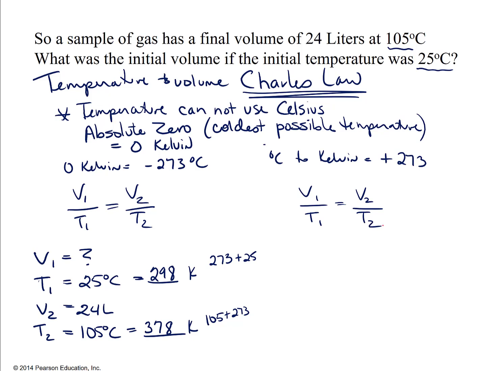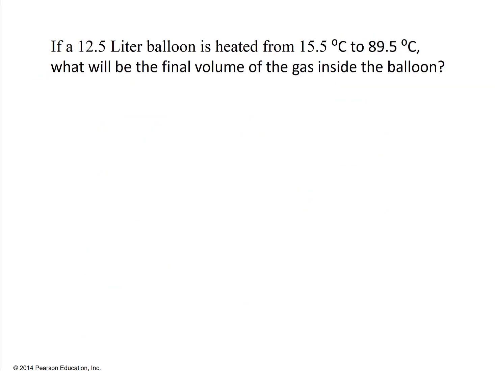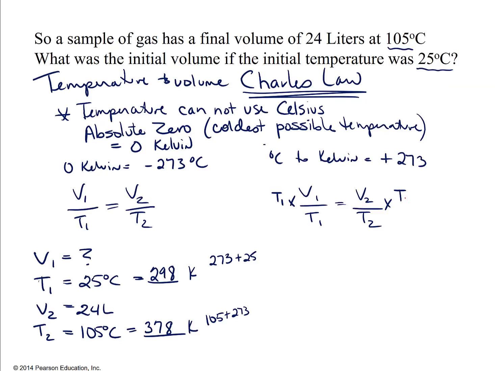So the last thing I've got to do is solve for what? V1. So that means I've got to move what? See, I've got to get V1 all by itself. I've got to move T1. So how do you move T1? If I multiply both sides by T1, that will cancel.